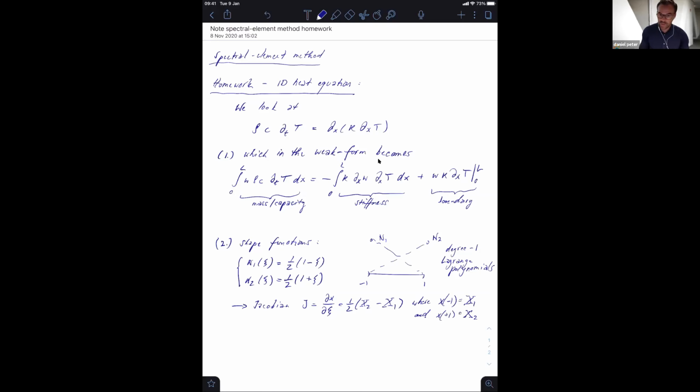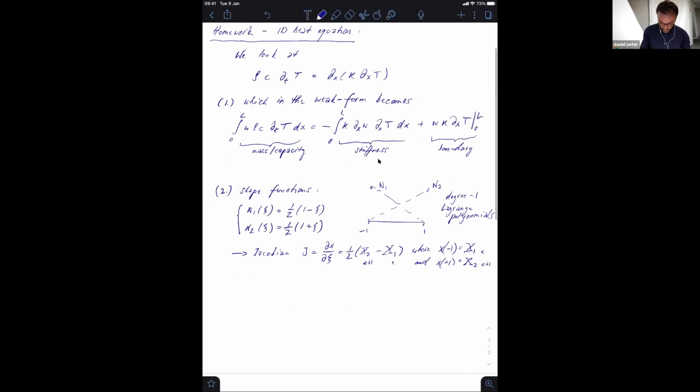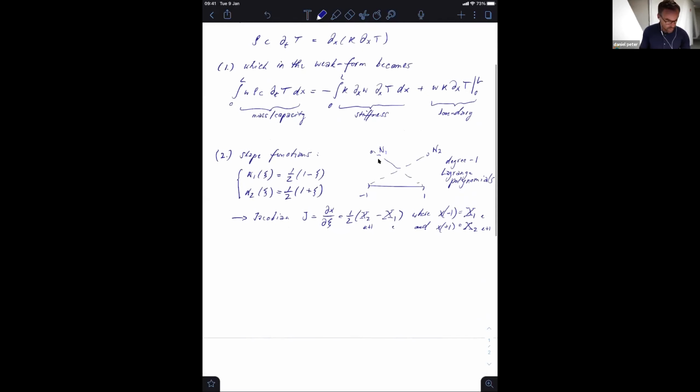These are global nodal points. You could also think in terms of x_{e+1} minus x_e. This would be e and e+1, for example. Those are just the points in the physical domain, in the physical space. But so this gives us the Jacobian that we can evaluate.